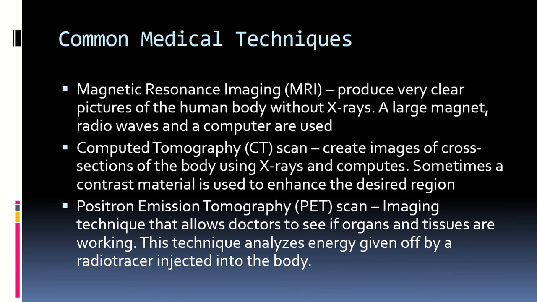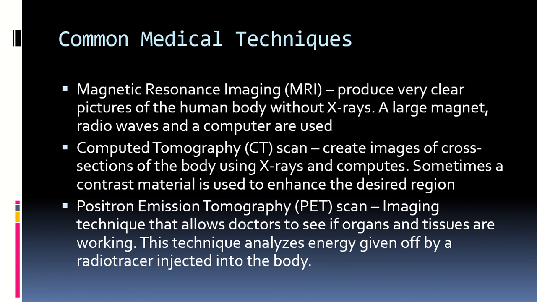And, well, we'll go more into other types of medical techniques, but we'll look at MRI, magnetic resonance imaging. It's a way of producing a very clear picture of the nervous system, for example, taking the brain.